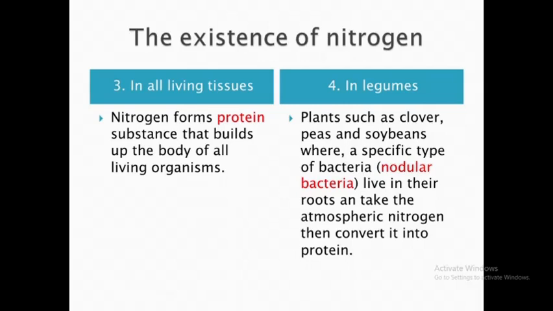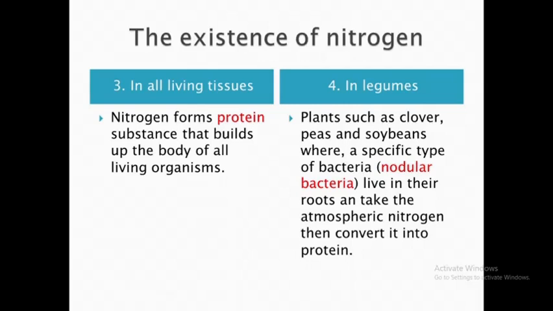They will get it with the help of a bacteria called nodule bacteria. So again, we can find nitrogen in a group of plants called legumes, such as clover and peas.